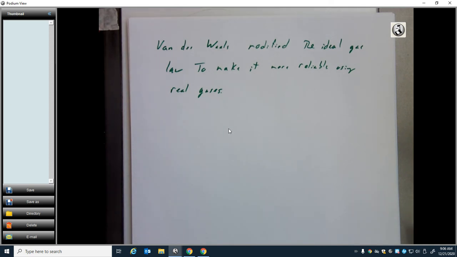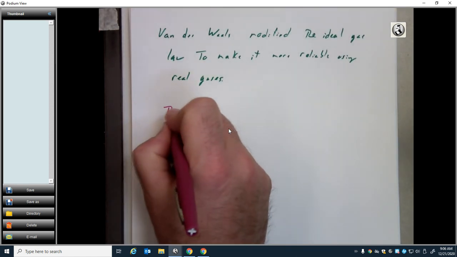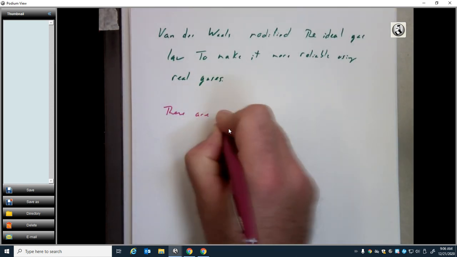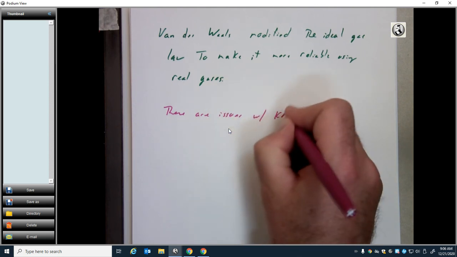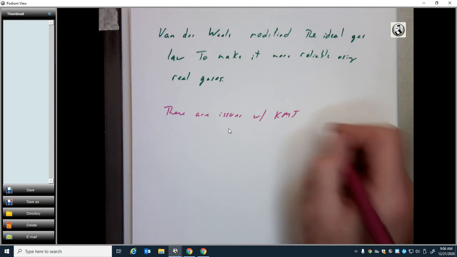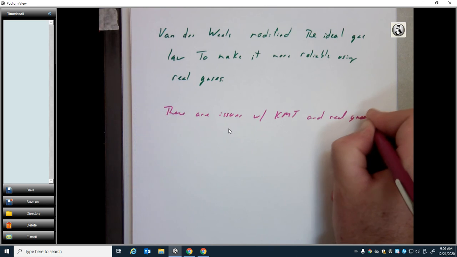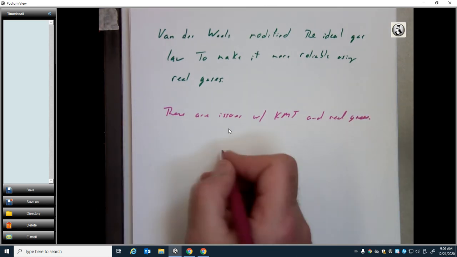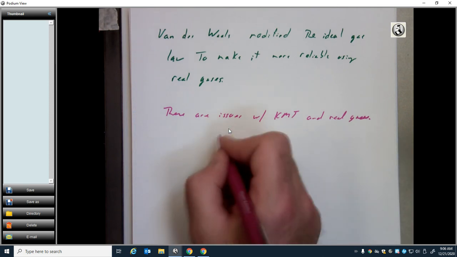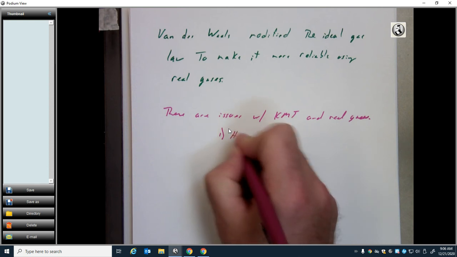So we've already talked about this, but remember there are issues with the KMT and real gases. So just for review real quick, in real gases, they have volume.